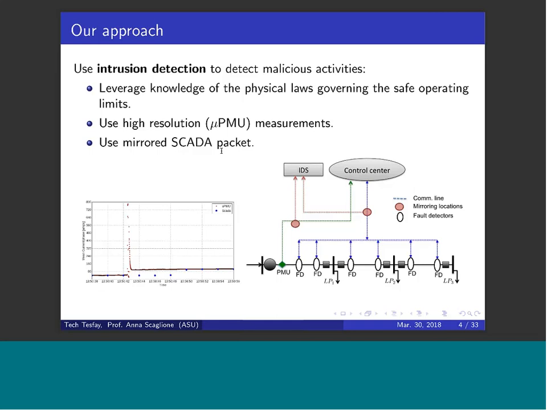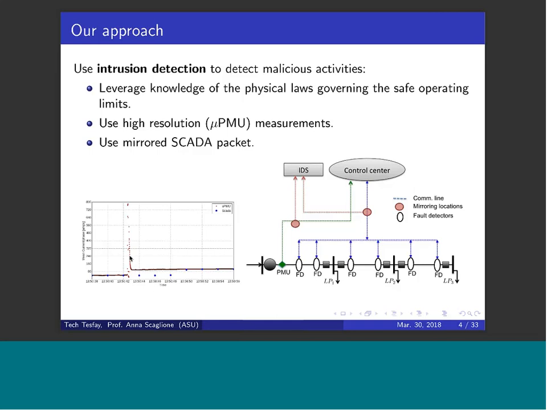We also use data packets coming from SCADA measurements that give us the status information about key locations in the grid. And here I put a plot of measurements both from SCADA measurement device and from PMU measurements, and we can see that our PMU measurements manage to capture a surge in the current phasor that happens for a short time window, whereas our SCADA measurements that happen at a slower rate completely miss this surge in the current, and this surge in the current could potentially be a result of a reconnaissance activity that could be exploited later on.